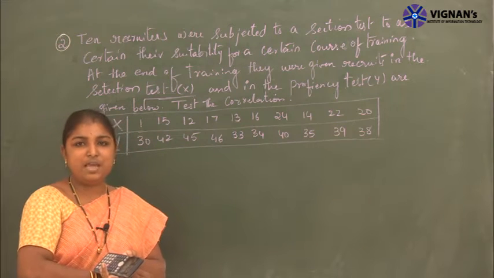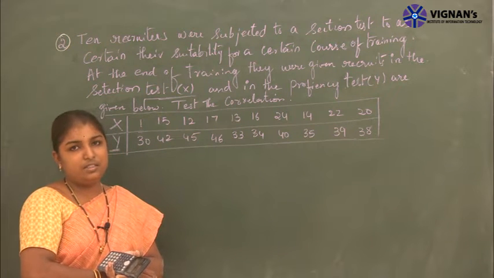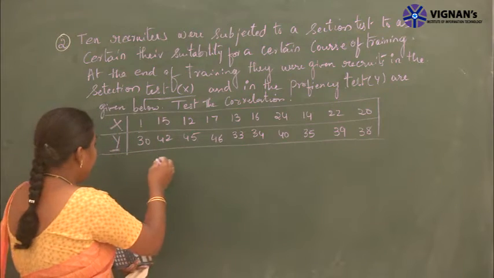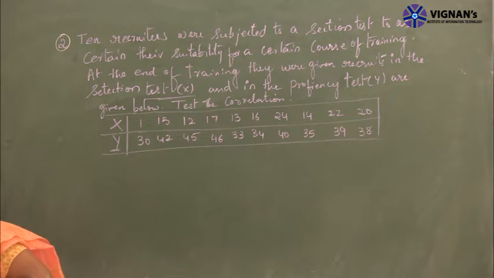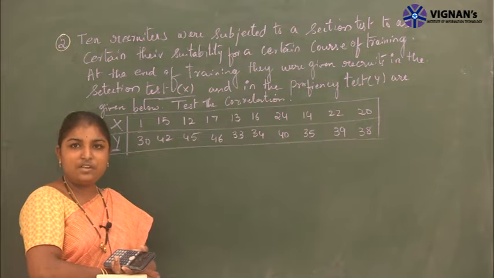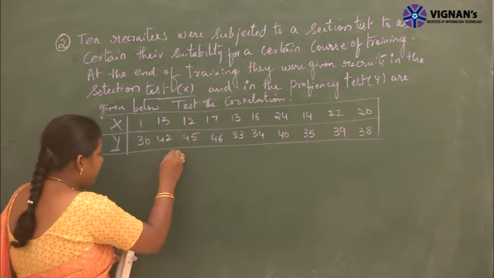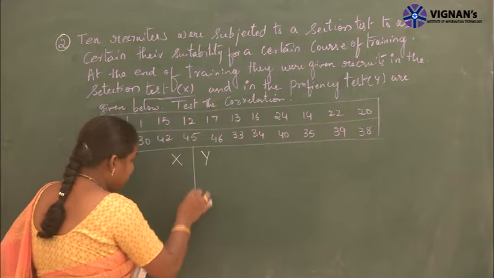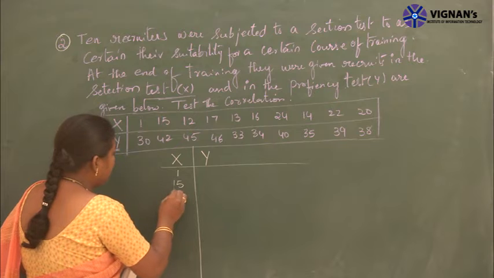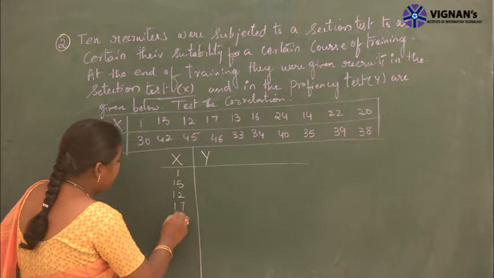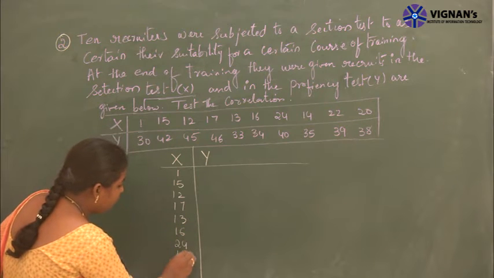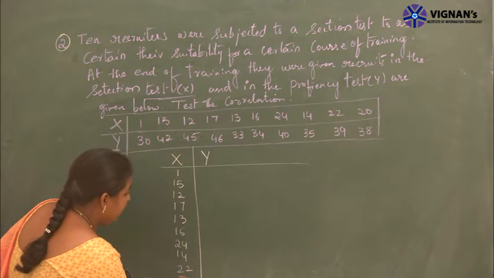That means, using Spearman's rank correlation coefficient, we are finding the rho value. For finding rho, first we want to construct a table. In the table we are taking X values and Y values. Write down the X values here: 1, 15, 12, 17, 13, 16, 24, 14, 22 and 20.